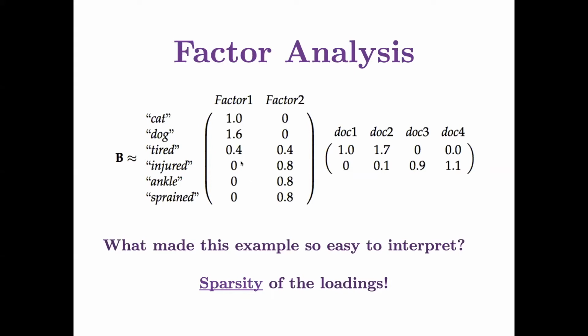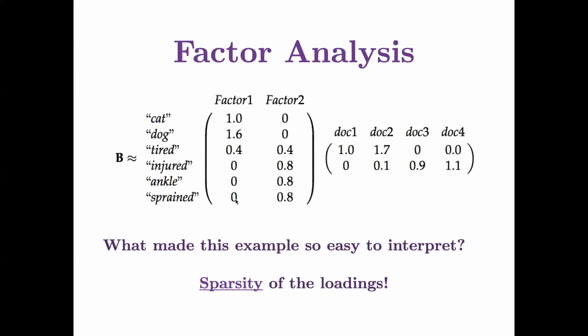If I put a 0.8 here in factor one, a 0.9 here, and a 1.2 here, suddenly you would look at factor one and you wouldn't really have a defining term for it. I mean, it would be maybe injured pets. All the words would contribute to factor one, making that interpretability very difficult.